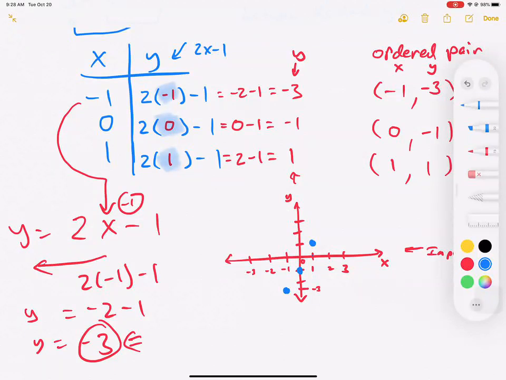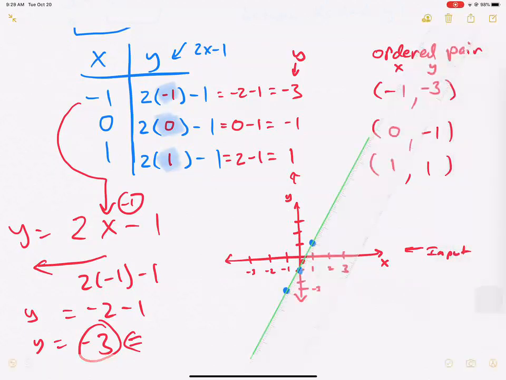Now, our following observation is that, look at those 3 points. Do they look like we could follow that pattern? And we can. What happens is this line here is all the possible patterns.